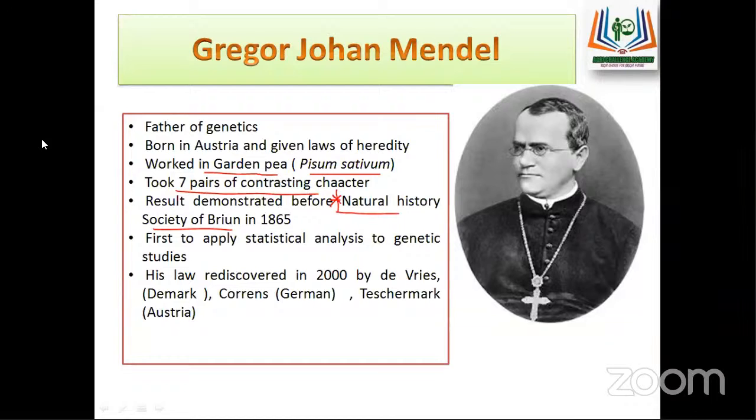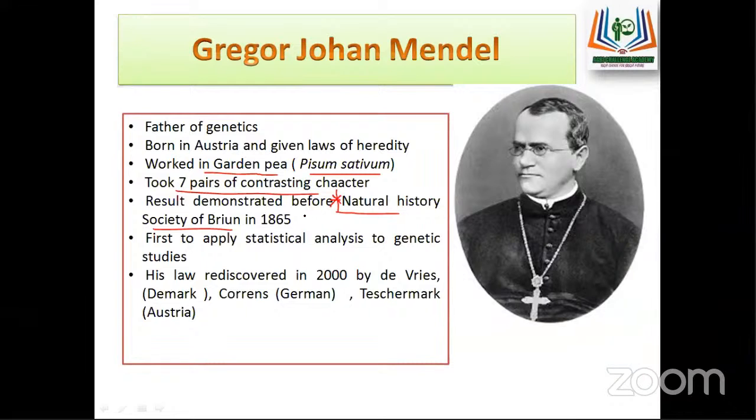His second paper was published in 1870, not 1867, on Hieracium hybrids obtained by artificial fertilization. Both papers were translated into English by Bateson in 1902. The original papers were written in German. Both are important, but conventionally you find the first paper, Experiments in Plant Hybridization, mostly in your textbook. The second paper is not mentioned, but he had two papers.